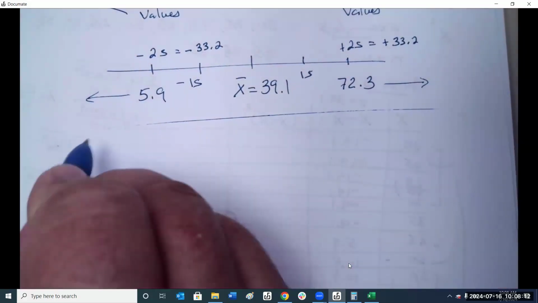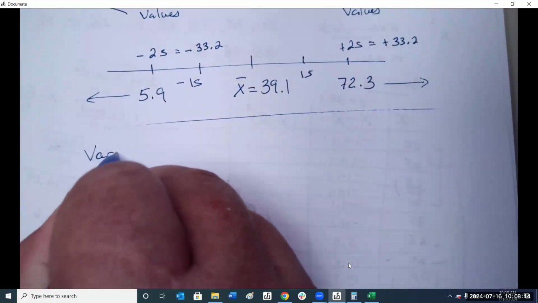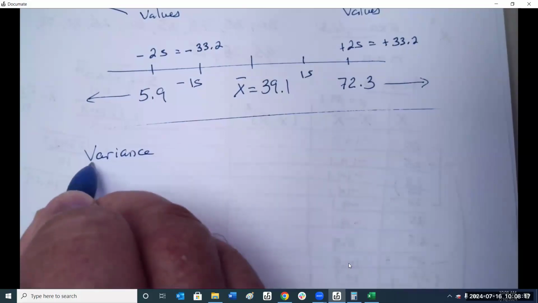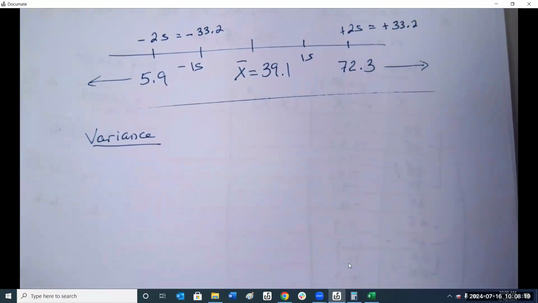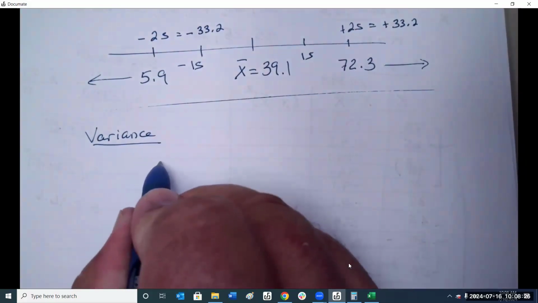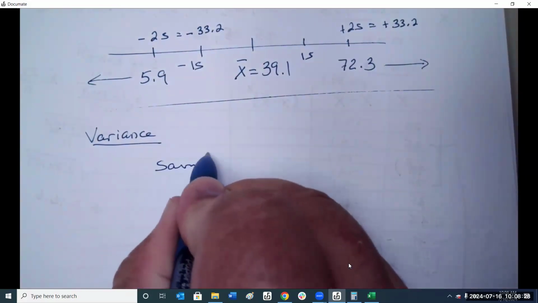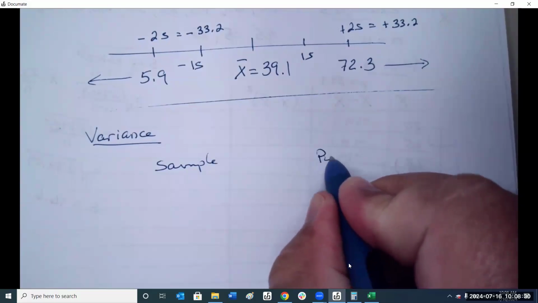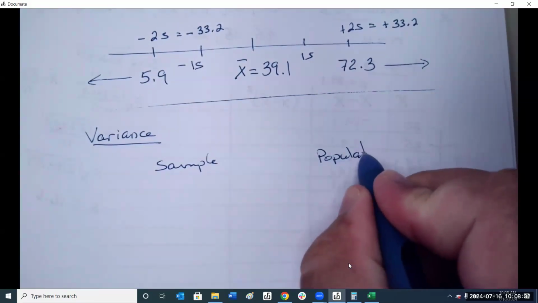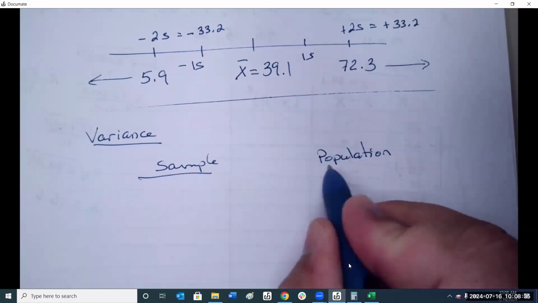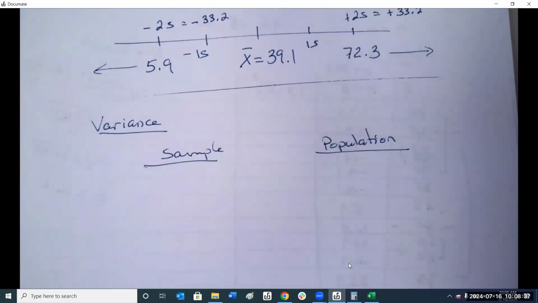So we have a formula for the sample and for the population. Now, of all of the formulas we're going to learn in this course, this has got to be the easiest one.